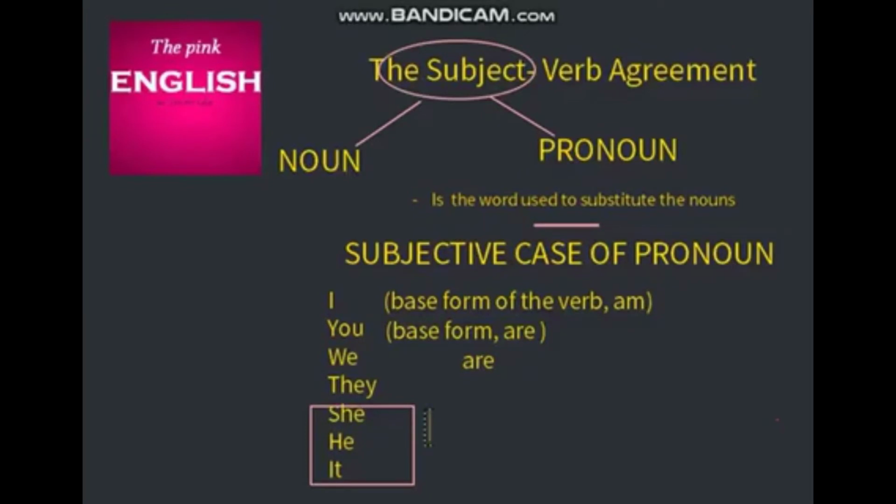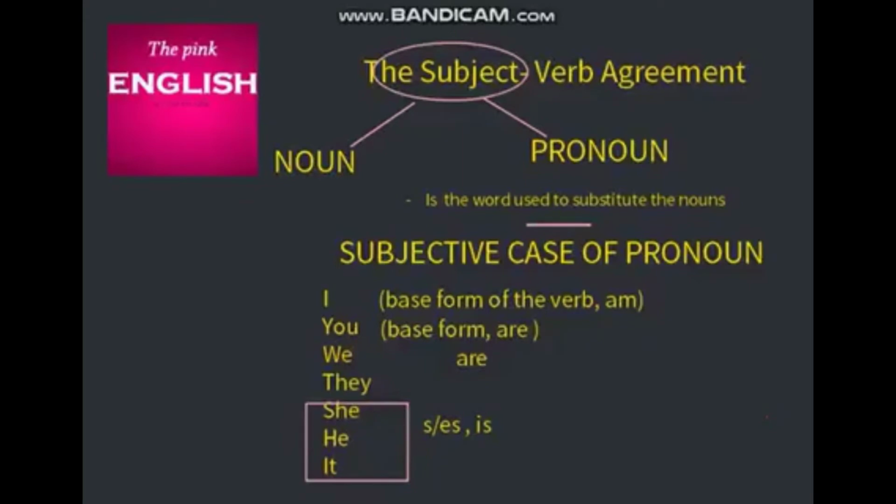And they take the s or the es forms of the verb and are followed by the linking verb or the be verb is, if we're talking about the present tense of the verb. So let's just take this course using the present tense of the verb and not the past tense, so do not be confused. Now that the subject is clear, let's talk about the verb.